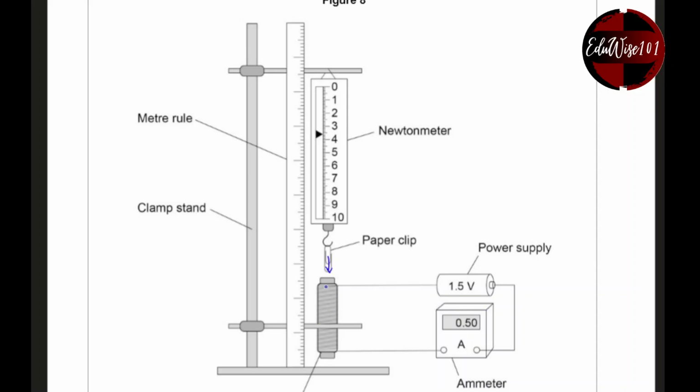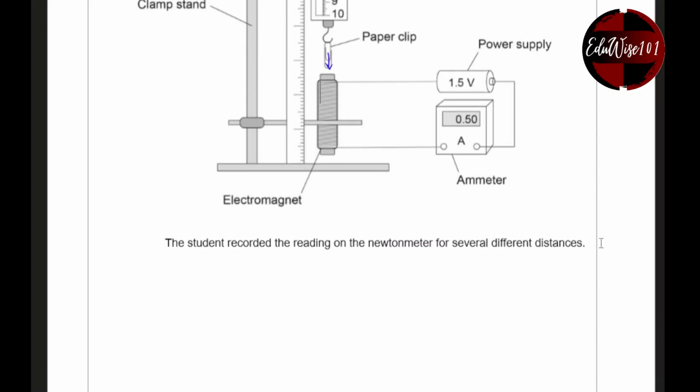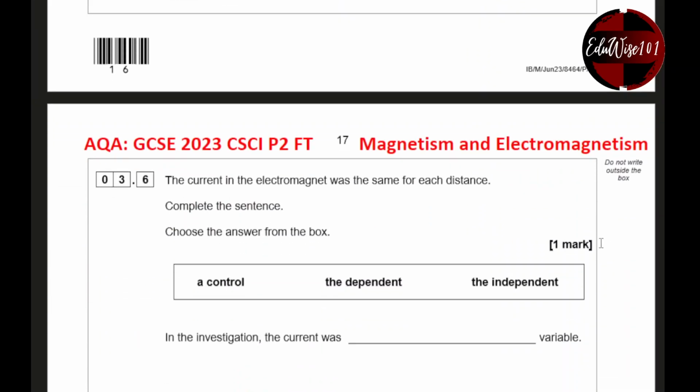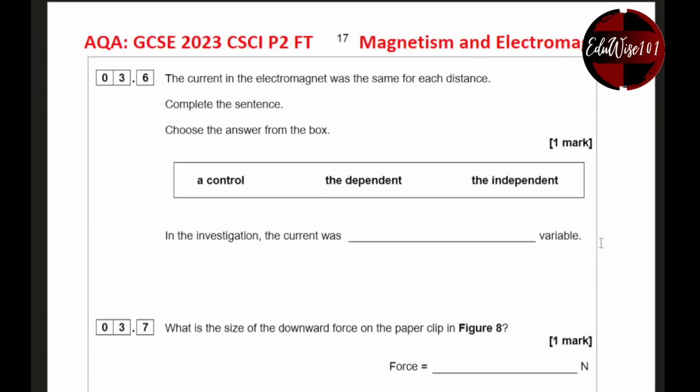When you switch it on, this becomes a magnet and pulls the paperclip downwards. As you can see, it's reading a certain value on the Newton meter. The student recorded the reading on the Newton meter for several different distances. The current in the electromagnet was the same for each distance.